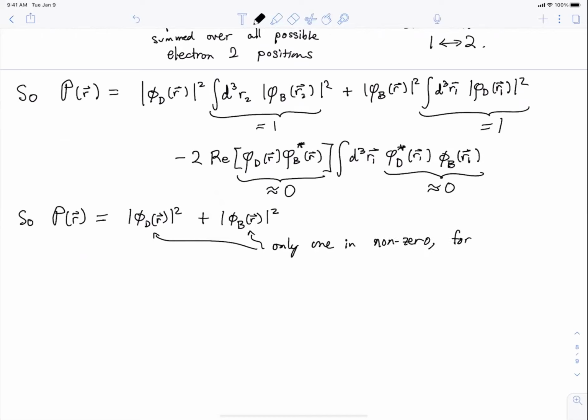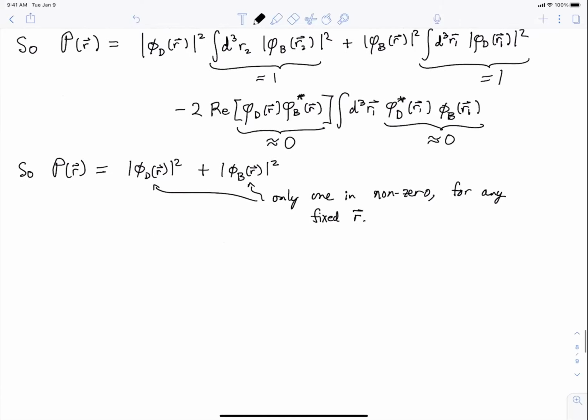And so if I'm asking questions about what's the probability to see an electron here or there or somewhere else, it just separates. The separability is what means that when we're doing experiments in DeKalb, we can ignore what's going on in Batavia and vice versa.